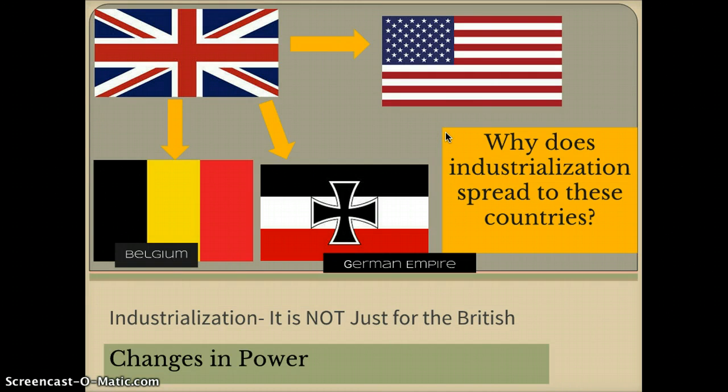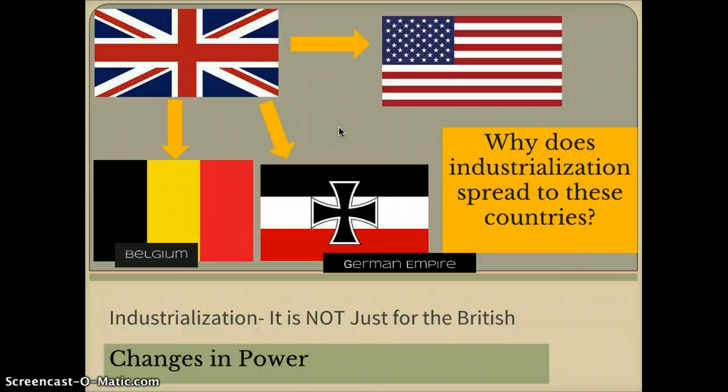Okay, so we talked a lot about the beginnings of the Industrial Revolution in Great Britain. So eventually, over time, right, it spreads to the United States, it spreads to Belgium, it spreads to Germany. And so why does industrialization spread to these countries? Remember, go back to chapter 25, section 1, and the factors of production.